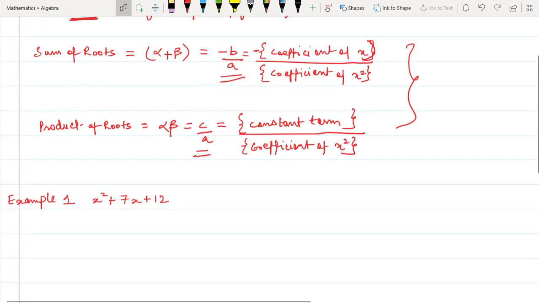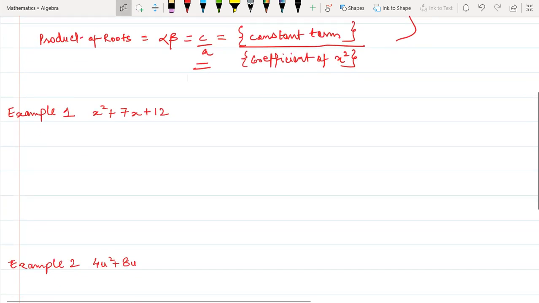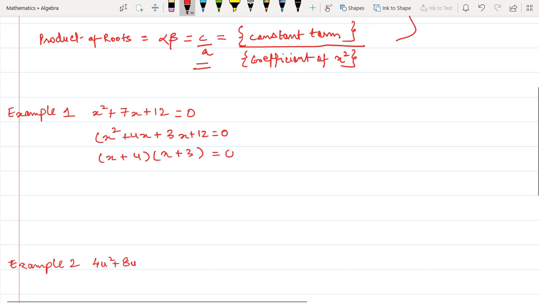Now let's see an example. So I have x squared plus 7x plus 12. If I equate this with 0 and solve, I get x squared plus 4x plus 3x plus 12 is equal to 0, and I get (x plus 4) into (x plus 3) equal to 0.